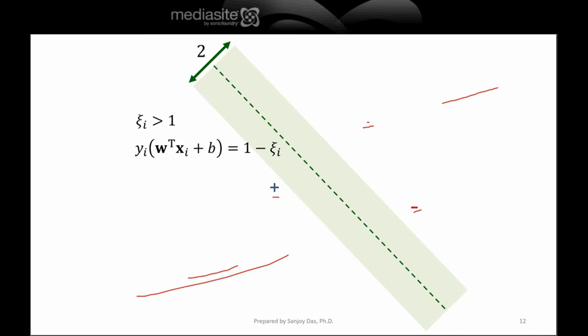But they have crossed over to the other side, and therefore this distance should be considered as negative, whence zeta i is greater than 1. y_i times (w transpose x_i plus b) equals 1 minus zeta i, where zeta i in both this case and this case is greater than 1.